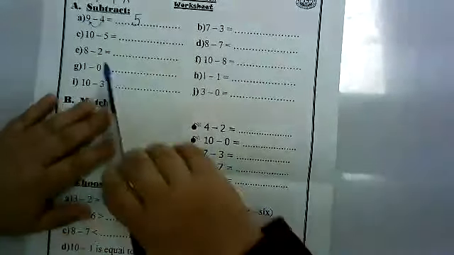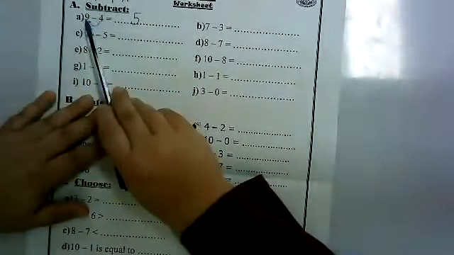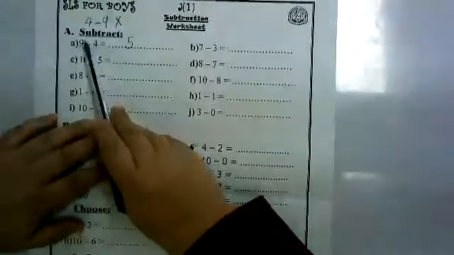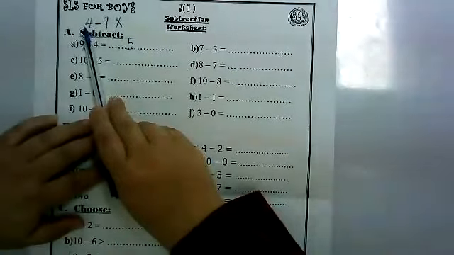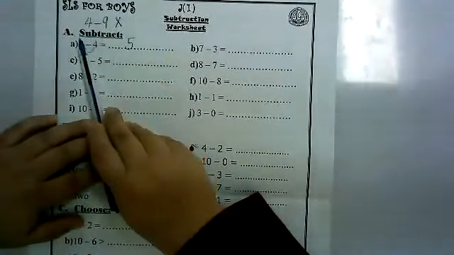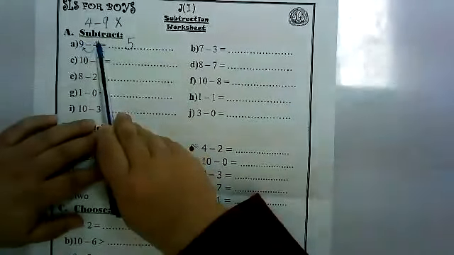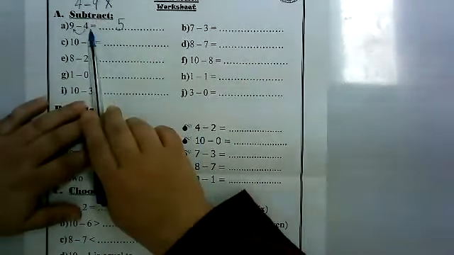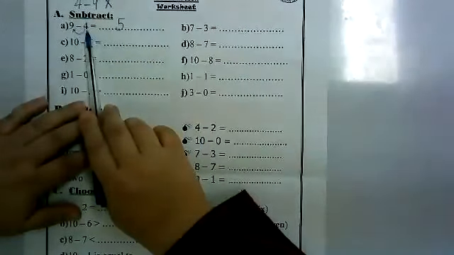In subtraction, we have to start with the bigger number. We can't do 4 minus 9, it's wrong. It has to be 9 minus 4. We count after the smaller. It's the opposite of addition.